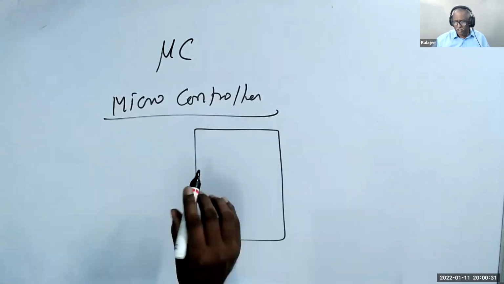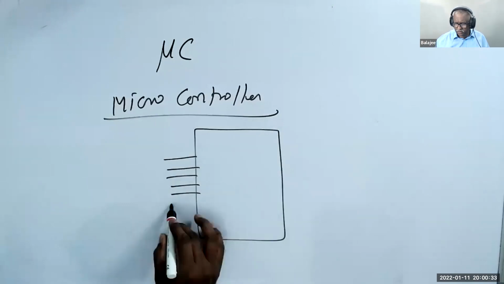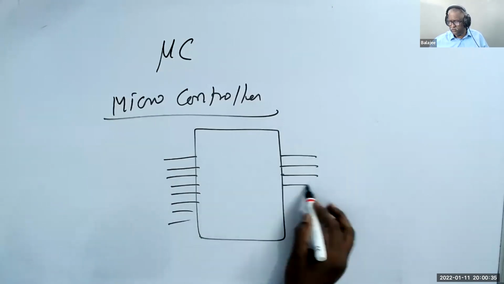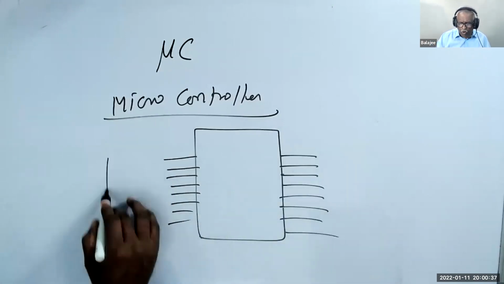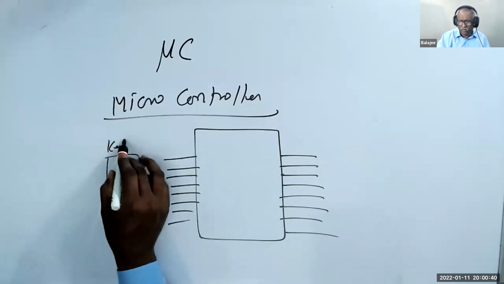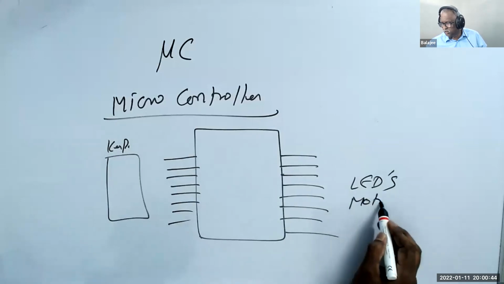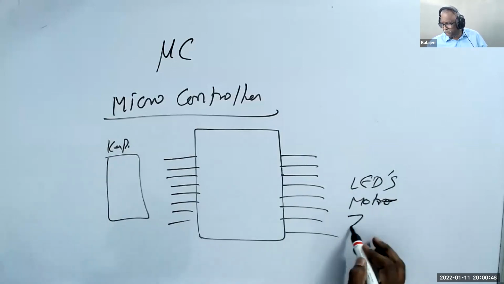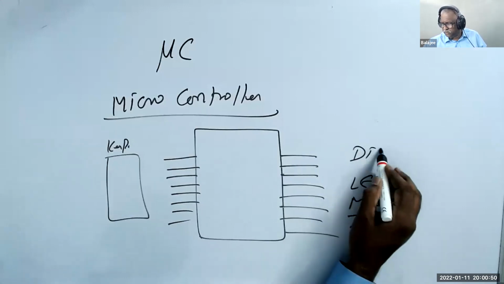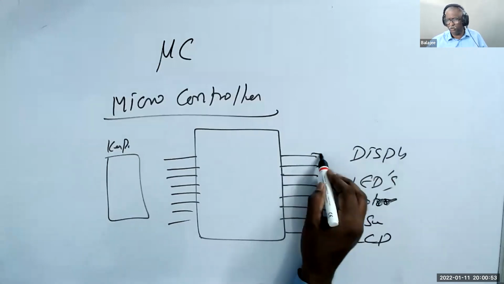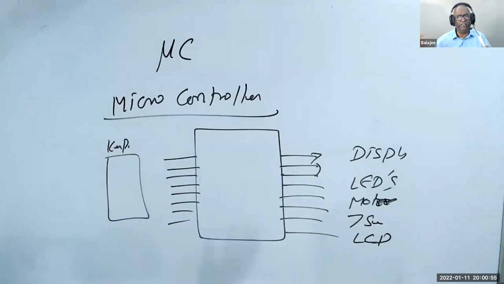All are inside. You get only inputs and outputs. You can connect a keyboard or keypad, LEDs, motor, 7-segment, LCD display, everything can be controlled. How are we going to do that?